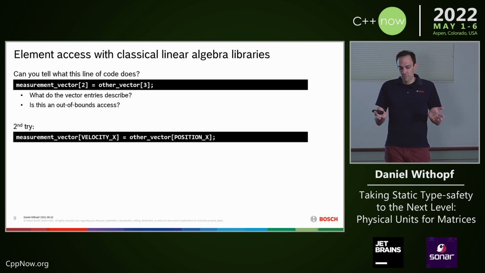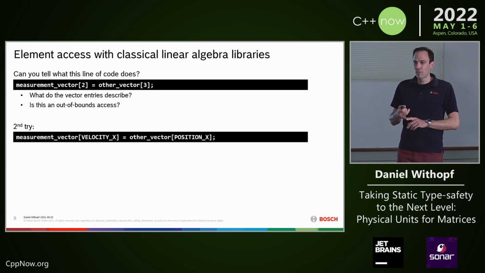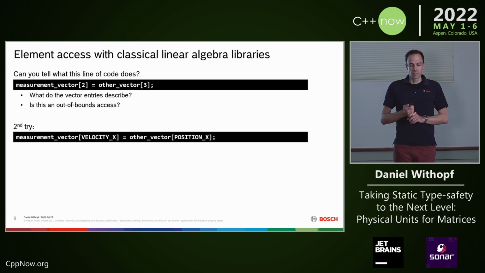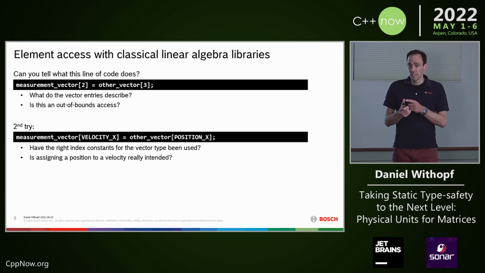Now, second try, maybe. The author improved this a little bit and uses, I don't know, enumerator constants for the indices and accesses other vector at position x index and assigns it to measurement vector at velocity x index. Now, when I see that code, I again have two questions. First of all, have the right index constants been used for that vector matrix?